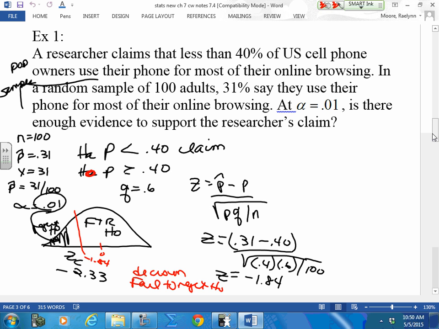Now, we've got your area. Here's your area, 0.01. Here's your z-score. This guy was cut off here. We found this z-score. And now let's find the area associated with this guy. Find me your p-val without your calculator. How do I find your p-val?